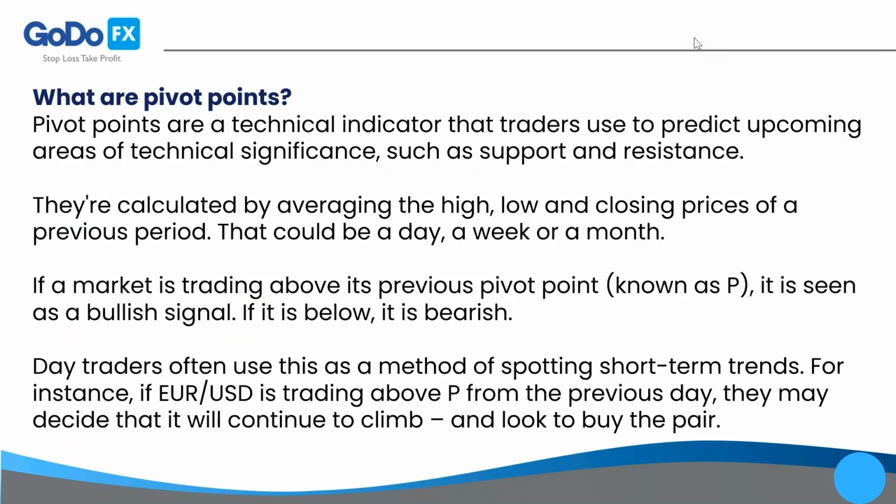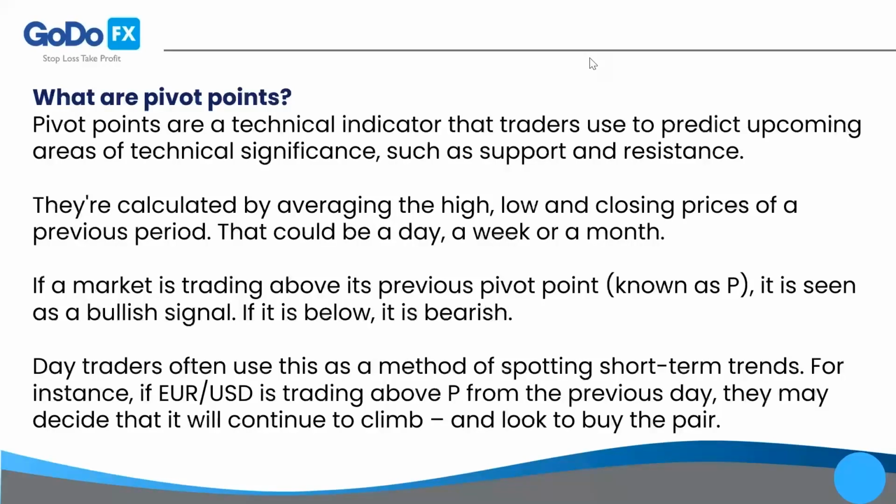So what are pivot points? Pivot points are a technical indicator that traders use to predict upcoming areas of technical significance such as support and resistance. Basically, support is where, for example, gold reaches a point, and if it stays above this support line, then it's going to go up.